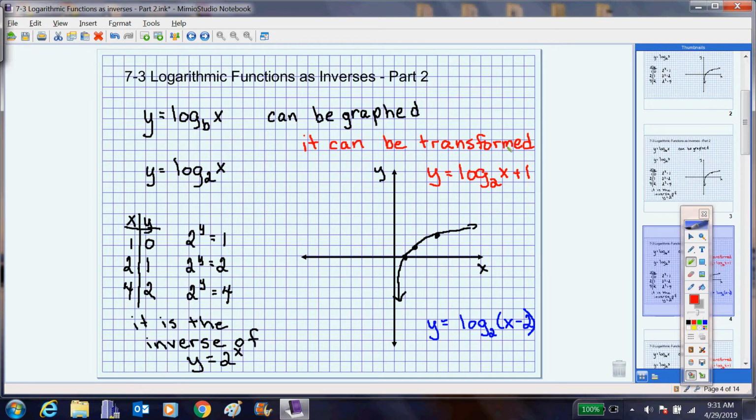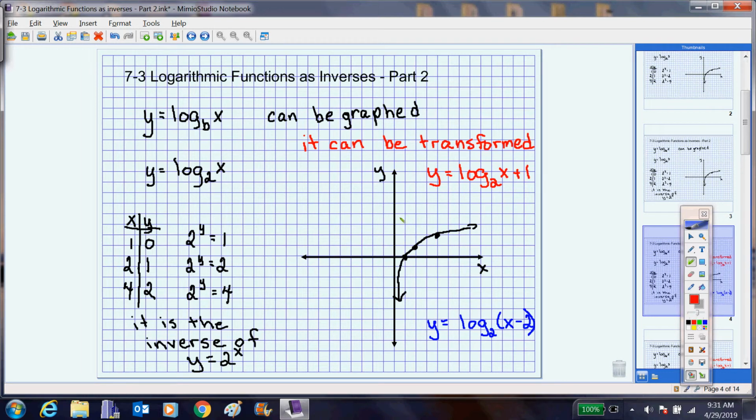And then we're going to also look at the transformation. So first, make sure that you write in that it is the inverse of y equals 2 to the x. If you remember when we did those exponential graphs, it would cross at (0, 1), and then you had the numbers going up exponentially.